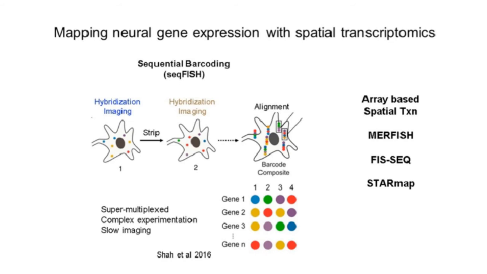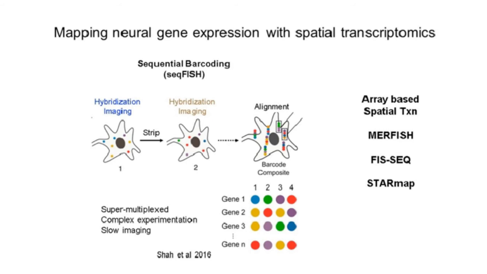This allows you to assay more than 200 genes, but it requires complex experimentation and analysis to align millions of spots across images. Another barrier to scaling this approach to large tissue areas or, say, human tissue sections is imaging, which takes a long time at high resolution for covering large tissue volumes.